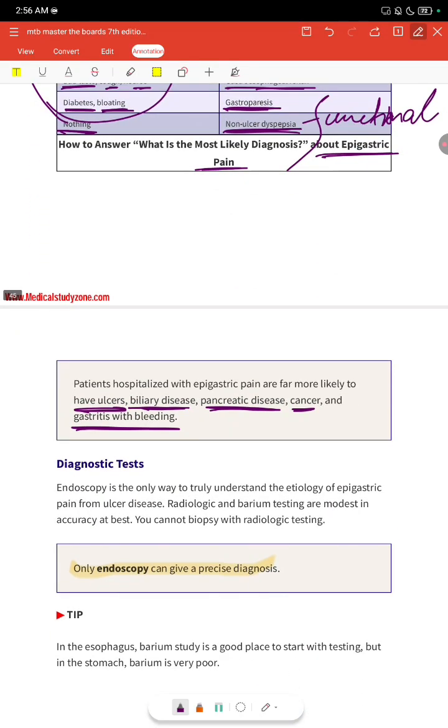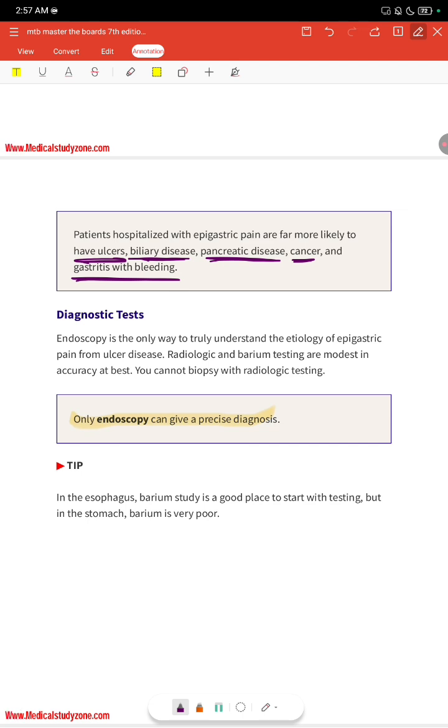So if you see somebody with a problem of epigastric pain and he or she is hospitalized, think about it, that they are more likely having ulcers, or biliary disease, pancreatic disease, cancer, gastritis with bleeding, etc.